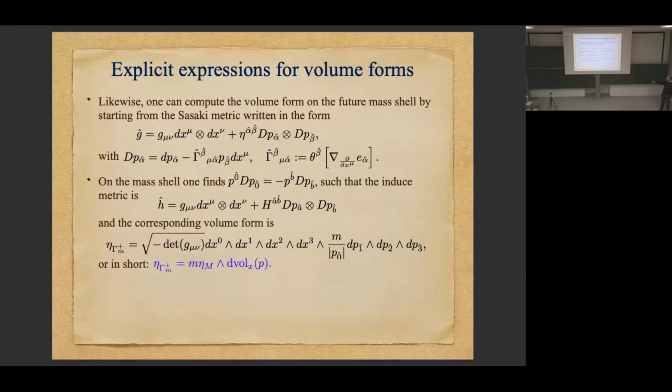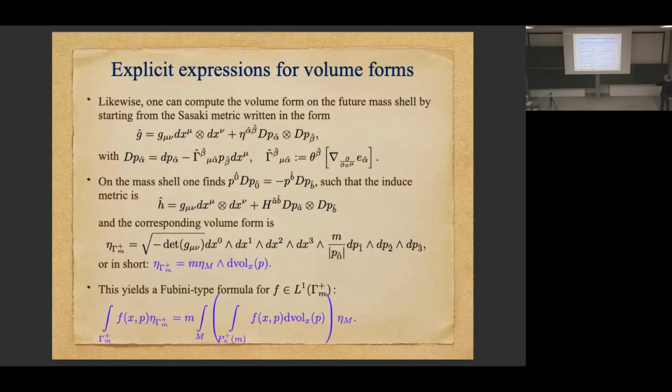And now by computing the determinant of this, you get the induced volume form. What you have here is the volume form on the space-time manifold, and here you have m times what I called d vol before, the Lorentz invariant volume form. So that means you get this nice Fubini type formula.